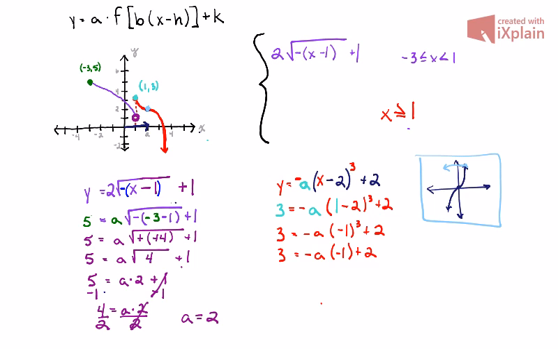We can clean this up, since we have negative a times negative 1. This would result in 3 is equal to, a negative times a negative is positive, and a times 1 is just going to be a, plus 2. We'll subtract 2 from both sides. And actually what we're going to find out here is that a is equal to 1.